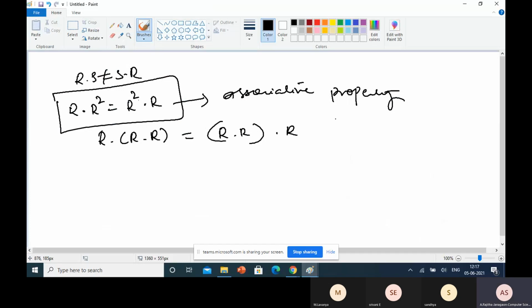For composition we use this dot, or otherwise we use this small o also. This is nothing but composition. Any one of these you can use. See one example on this.